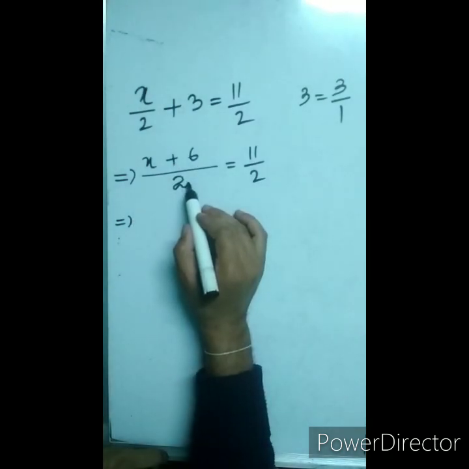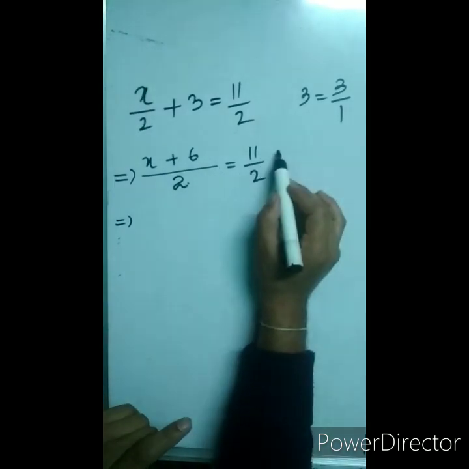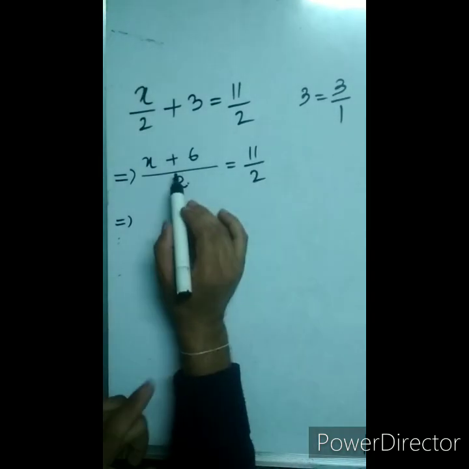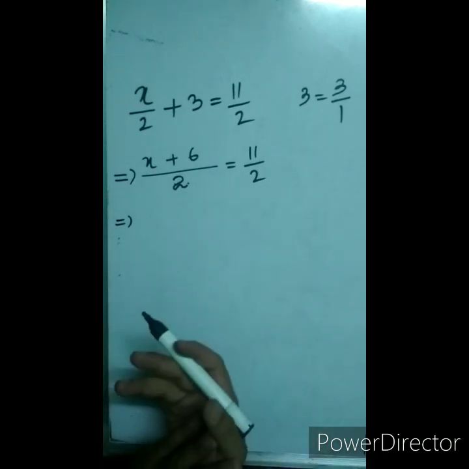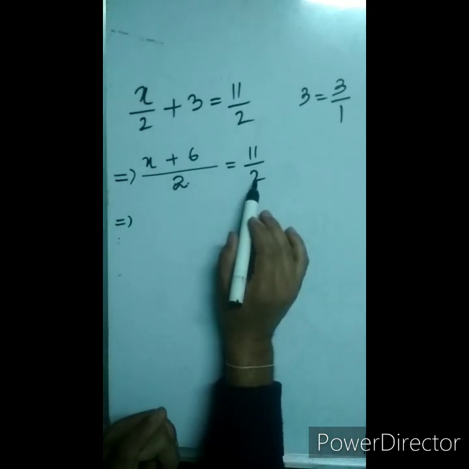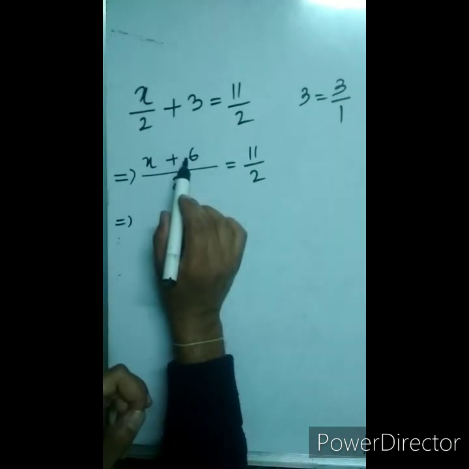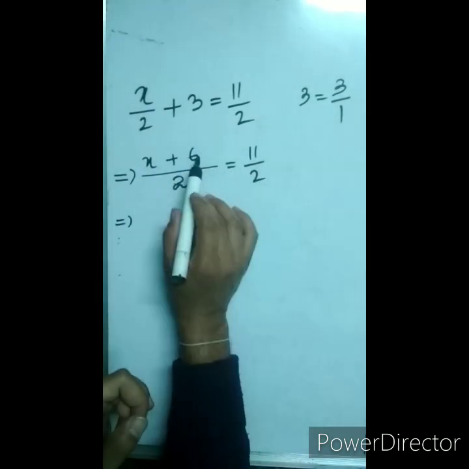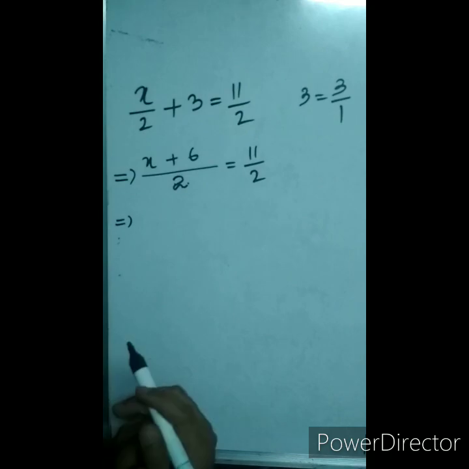So when this 2 goes to the other side, definitely we will multiply because division will change into multiplication. Same as that, even this 2, if it comes to this side, then 2 will multiply this x plus 6.